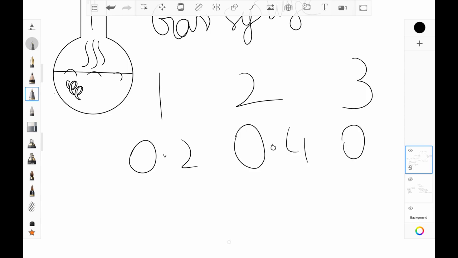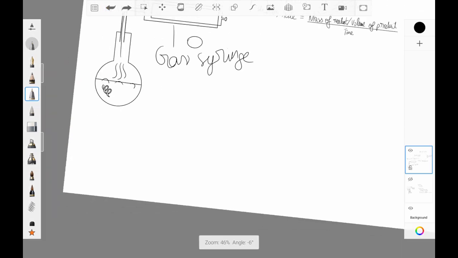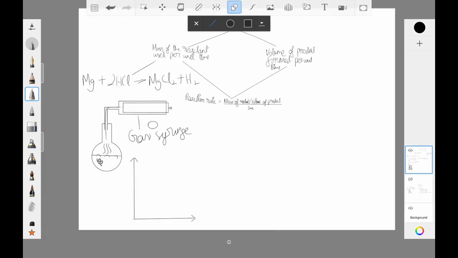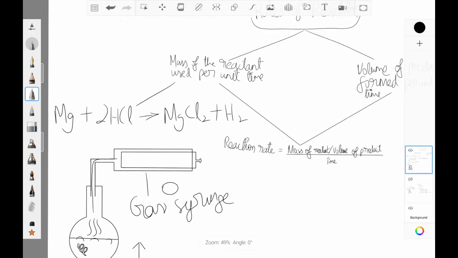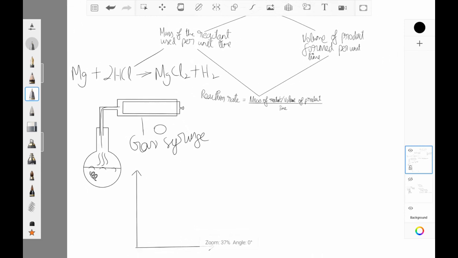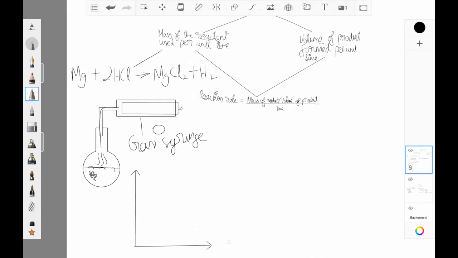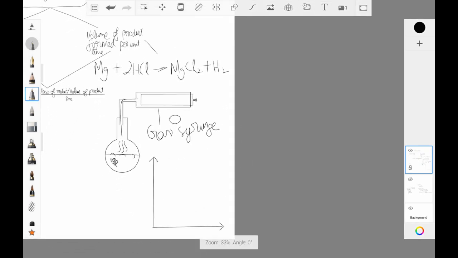At 3, 0.6, etc. You can actually draw a graph to represent these values. So let me just draw one real quick. Right, I made a small mistake. This is actually for the second method. You would use a gas syringe for the second method because you're using volume. It's fine. Let me just make a few changes. Right, I've made the necessary changes.